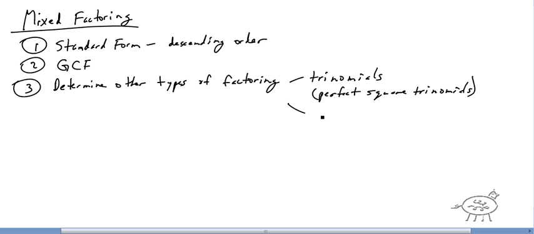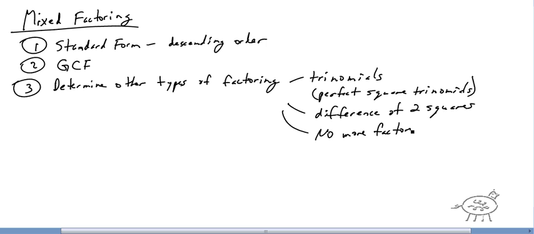We also have difference of two squares. And then maybe you might have no more factoring. So you kind of have to look at all those. But you've got to follow that form. You got to do standard form, then greatest common factor, then determine other types of factoring. You've got to keep that in mind always.